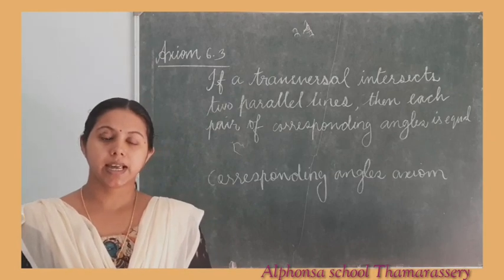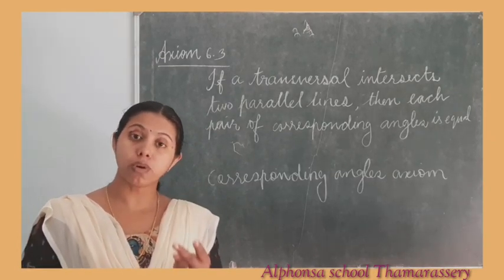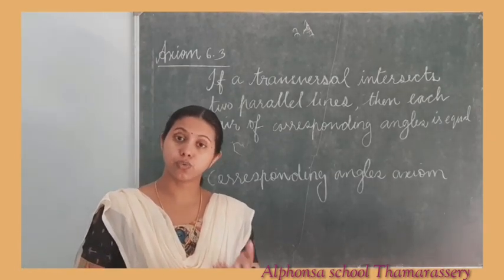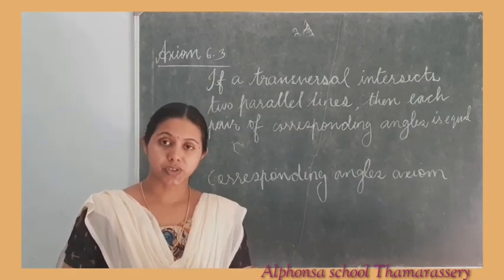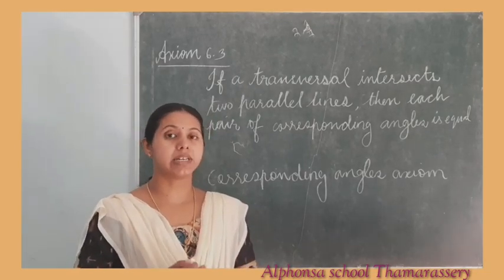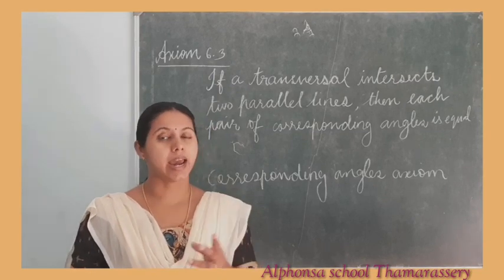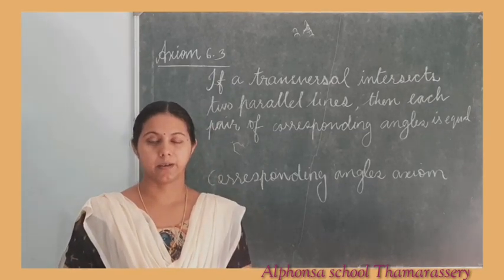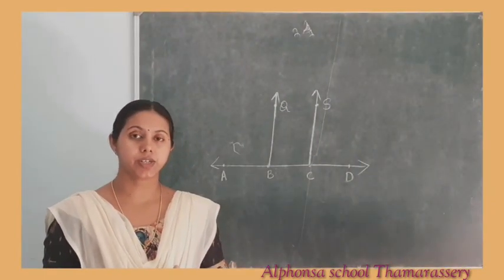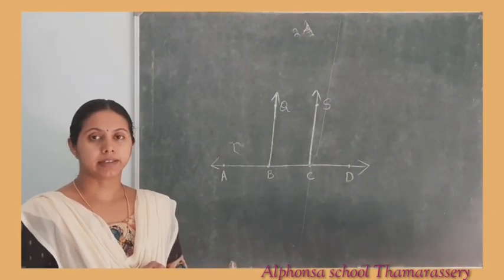If a transversal intersects two lines such that each pair of corresponding angles is equal, then we can say that the two lines are parallel. To verify this statement, let us do one more activity.